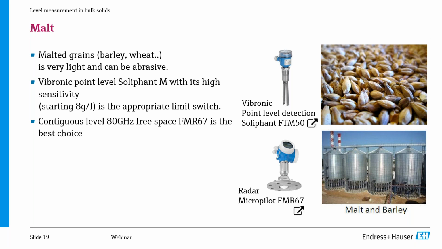It's pretty easy to handle and it has a very reliable measurement. So all you need to do is just put it there, do the basic commissioning, and it will work perfectly. And from a point level switch, the FTM50 can really solve all the problems. Okay, so very simple and reproducible application where we have a very good installed base all over the world.